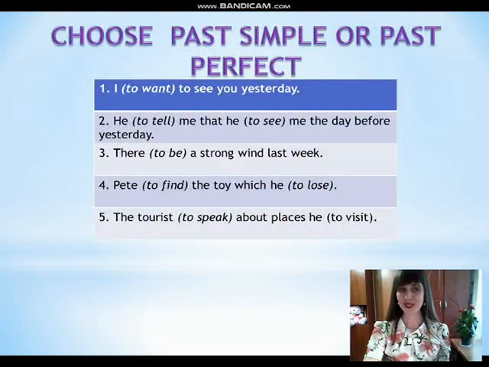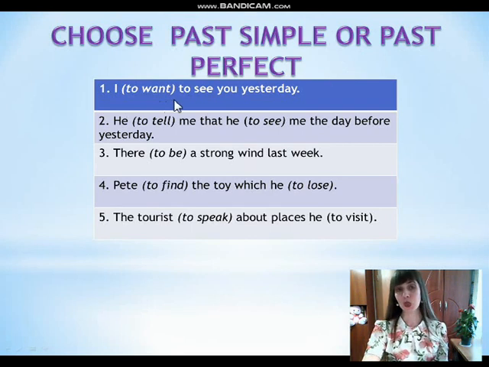My dear friends, on this slide, we should choose the past simple tense or the past perfect tense, okay? And we should open the brackets. Let's have a look at our first sentence. I want to see you yesterday. So, the action happened in the past, right? Because you see the word yesterday.